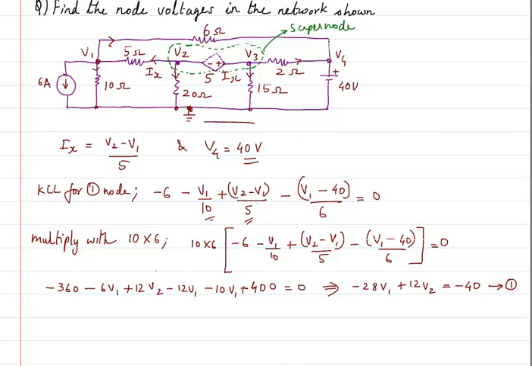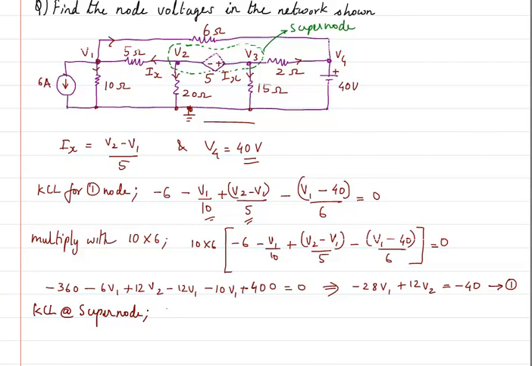Okay, so that is for KCL for node 1. Next we will move to the supernode, because only the supernode is there. So KCL at supernode. As you can see, there are 4 currents here.